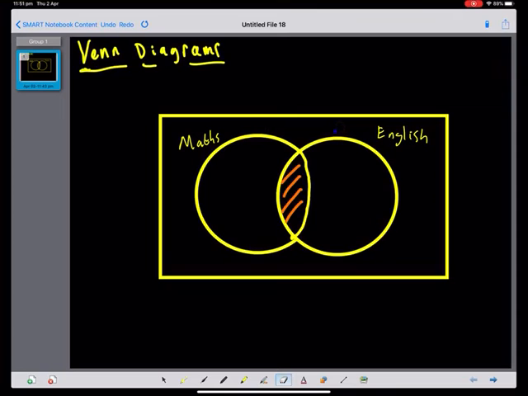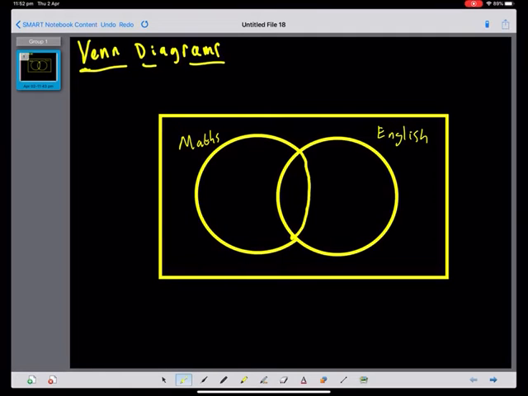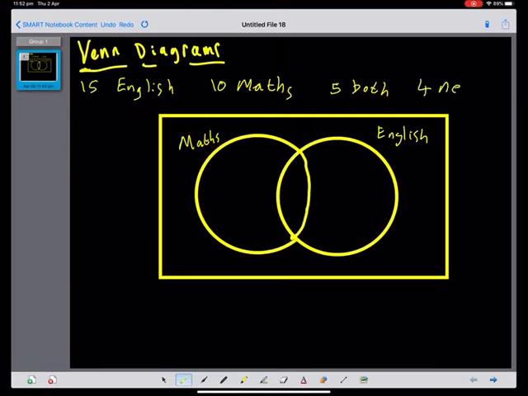Okay, so in our example, I'm going to tell you that 15 students study English, 10 study maths, and 5 do both, and 4 do neither.